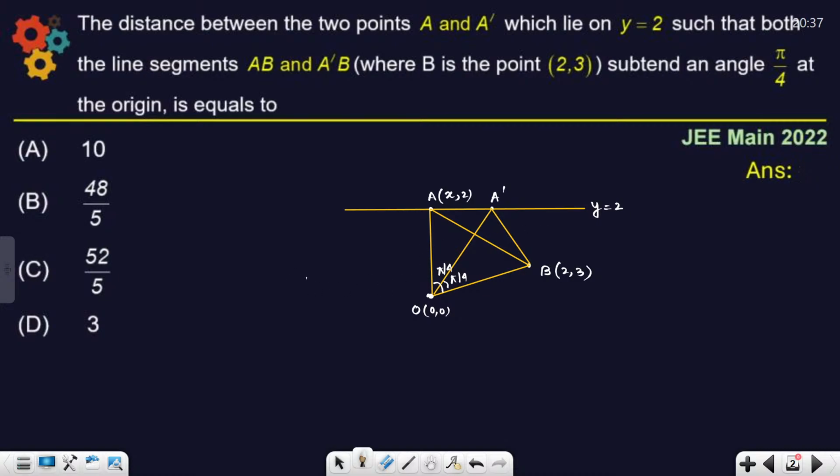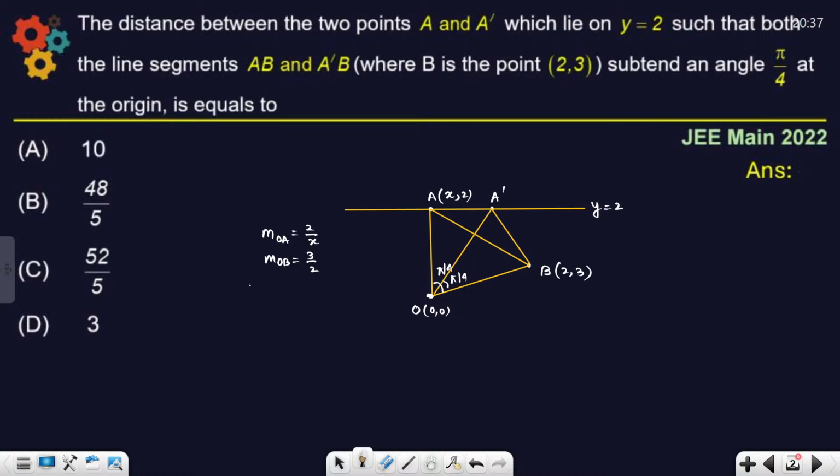Now, the angle subtended at the origin is pi by 4. So I am trying to find the slope of OA. What is the slope of OA? It's 2 over x, using the two-point form. And what is the slope of OB? It is 3 over 2.